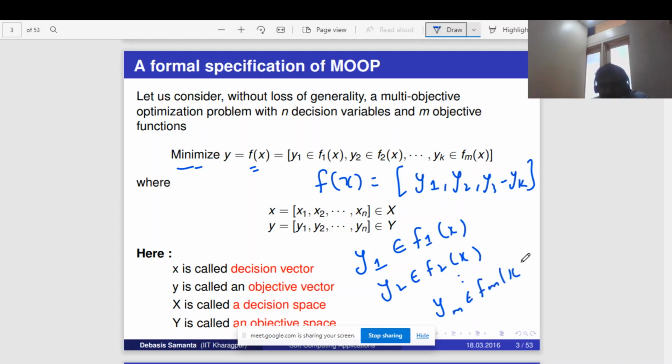Or it's yk, because it's not only one y; there may be multiple y's belonging to the same function.